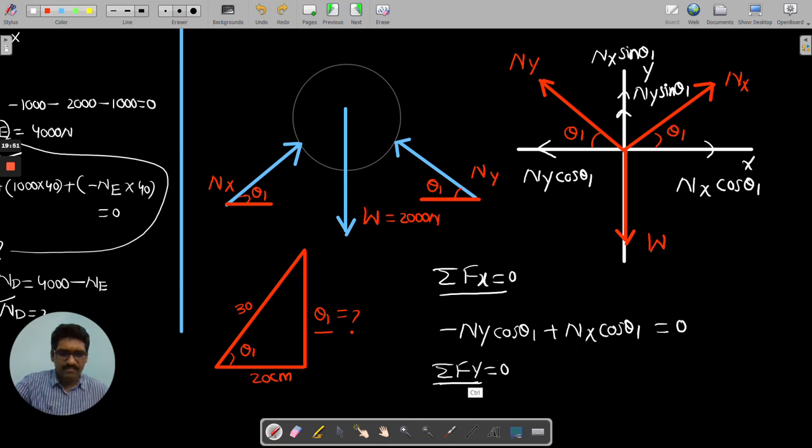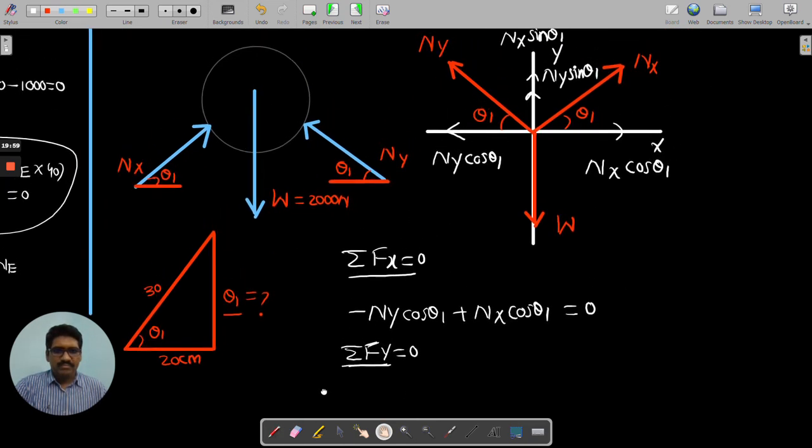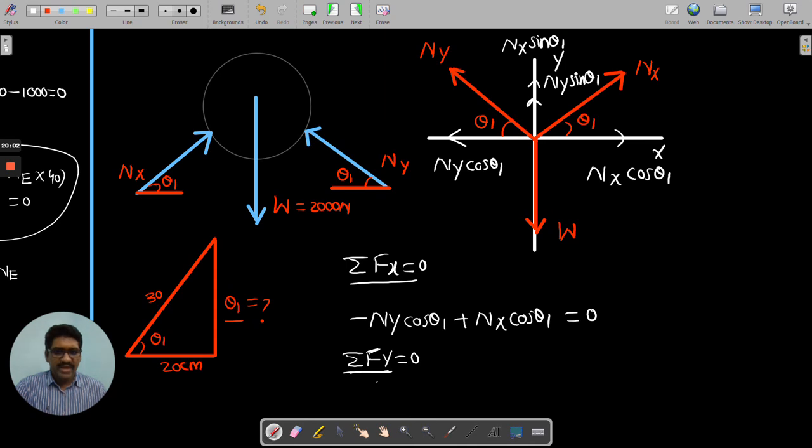Okay, Fy is equal to 0 we have. Nx sin theta 1. Okay, so plus N suffix y sin theta 1. Okay, so minus W is equal to 0. And this one is having weight 2000. Be careful about this 2000 here.